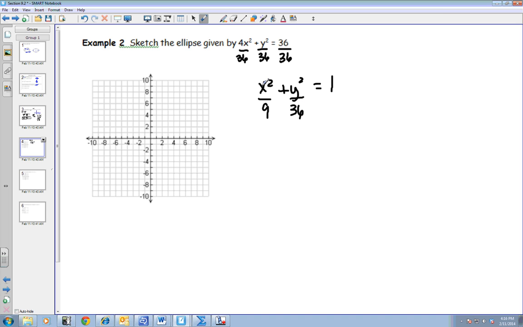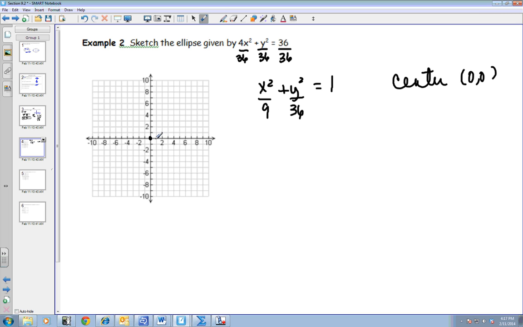Okay, now we should know just by looking that my center is at (0, 0) because it doesn't have an h or a k. So I know my center is (0, 0). I know on the x-axis I'm going to go a distance of 3, and I do that by taking the square root of this.